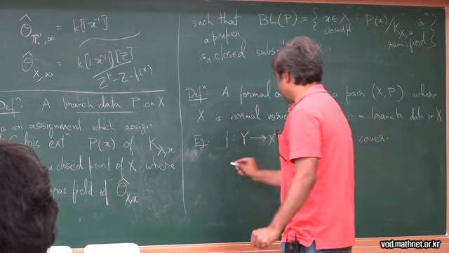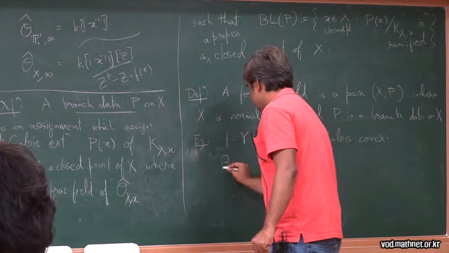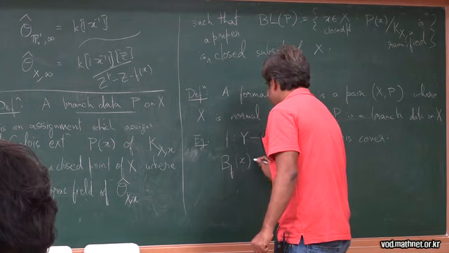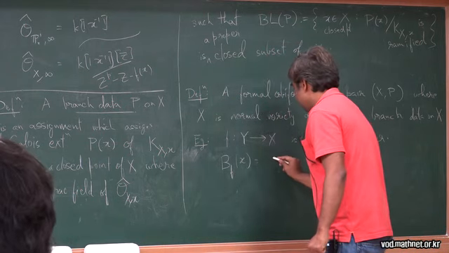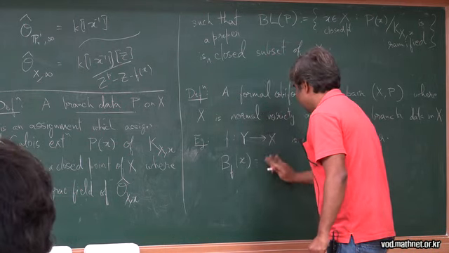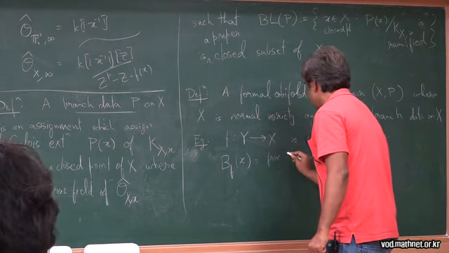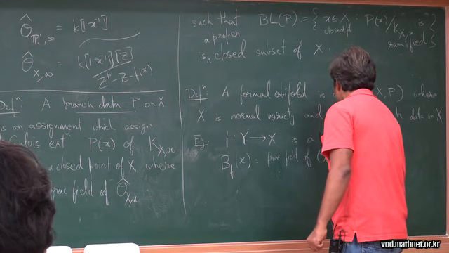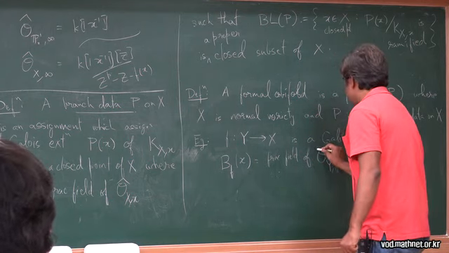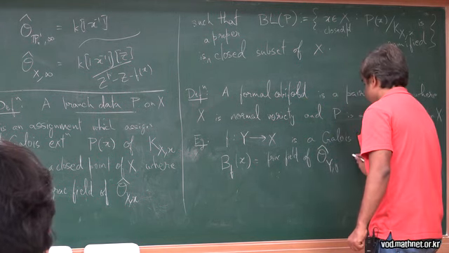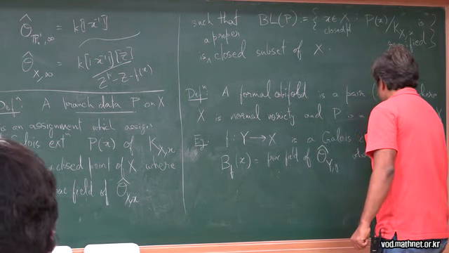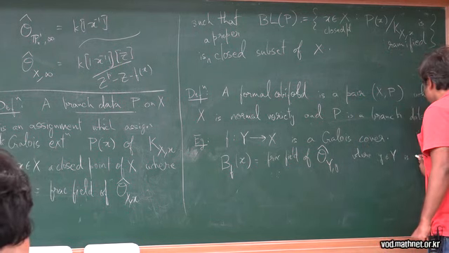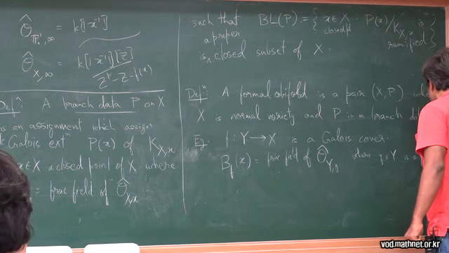The obvious thing to do: I'll denote this branch data by B_f, and B_f(x) is just the fraction field of O_{Y,y} hat, where y in Y is a point above x.